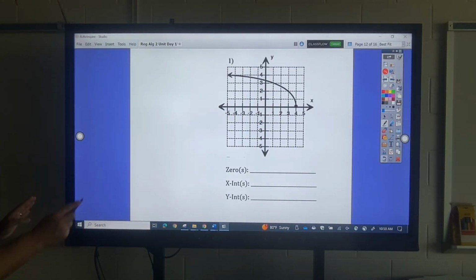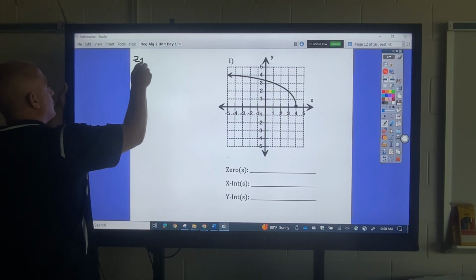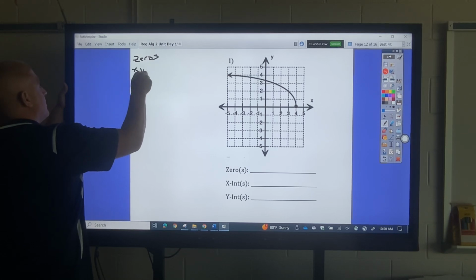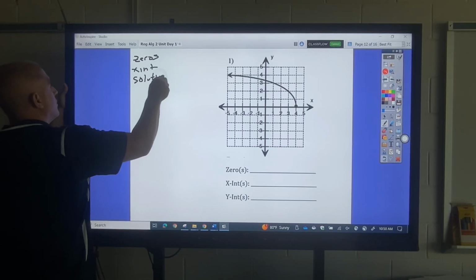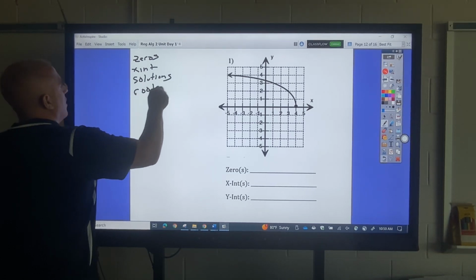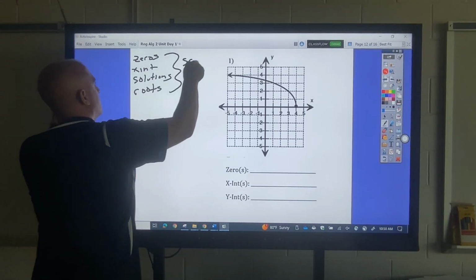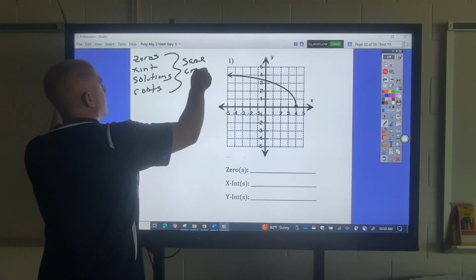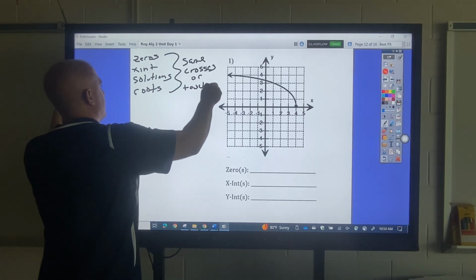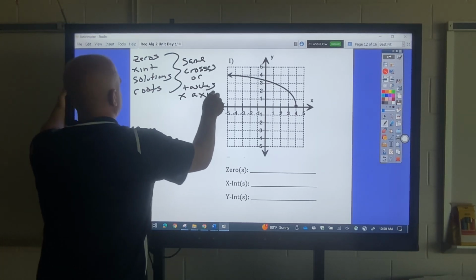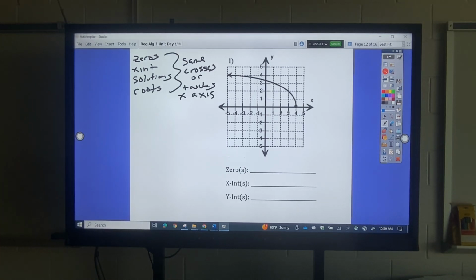So these words in algebra 2, zeros, x-intercepts, solutions, roots, all of these mean the same thing. Where it crosses or touches the x-axis. Okay?